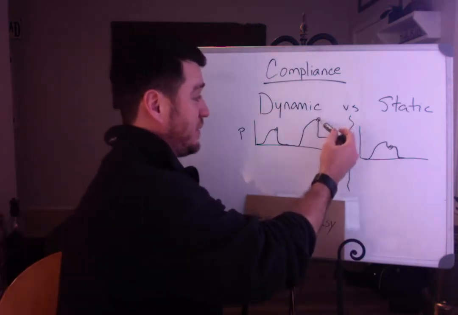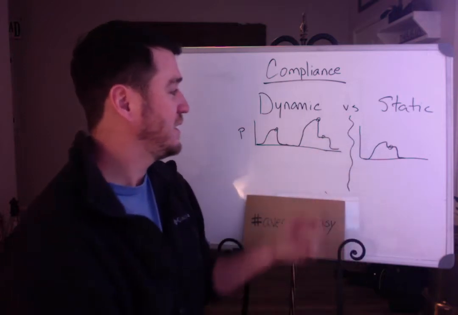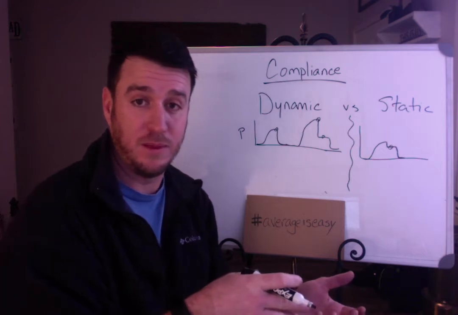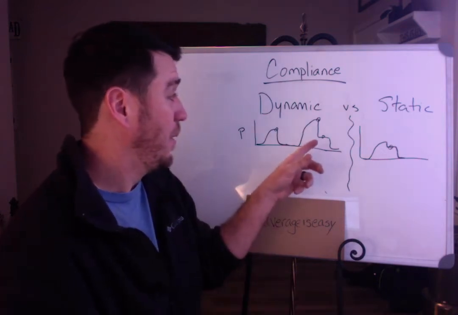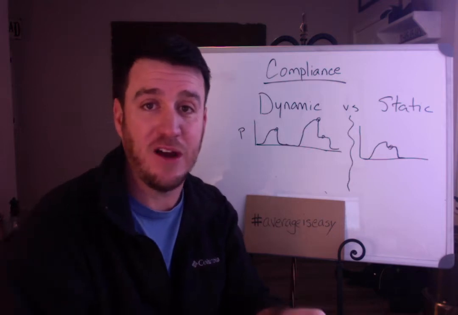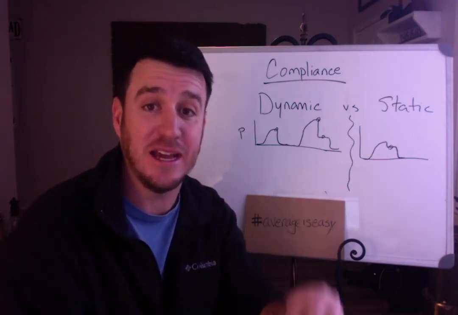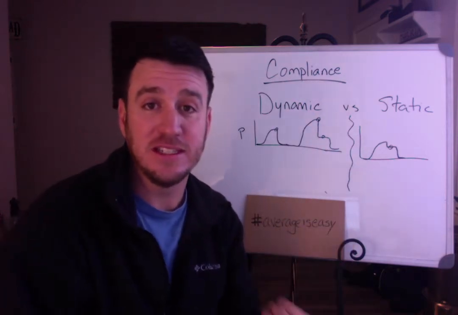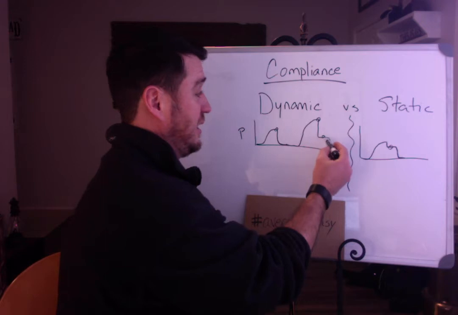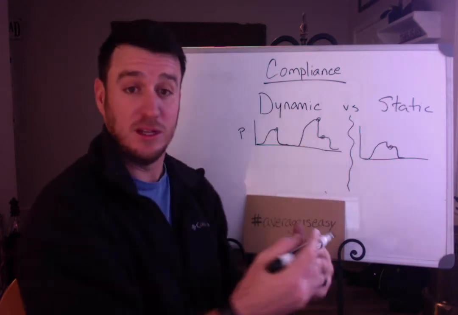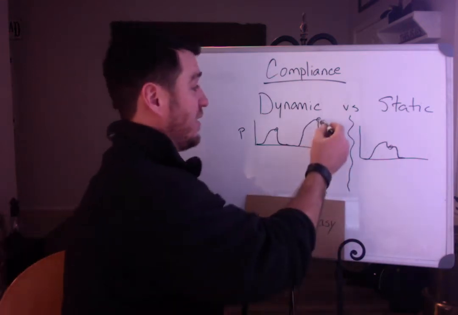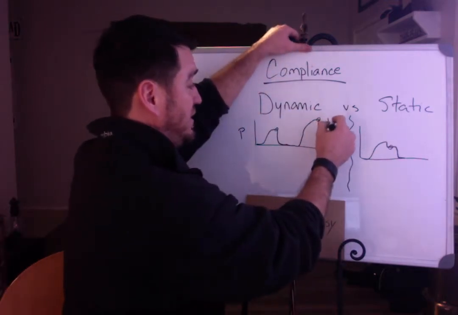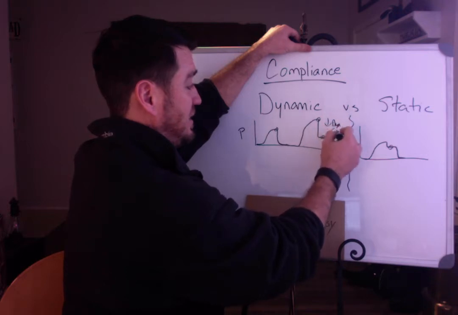Now, if this is PIP, this is plat, you can see how you can have a worsening airway resistance problem, okay, without a worsening alveoli problem. So you can have a decreasing dynamic compliance without a decreasing static compliance, because obviously our plateau pressure stayed in the normal range where it was, and our peak pressures have risen, okay? So this will result in a decrease in dynamic compliance, okay?